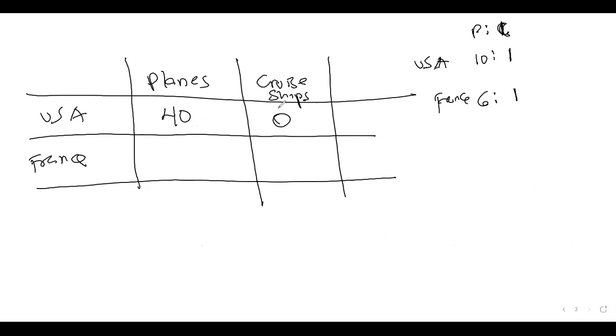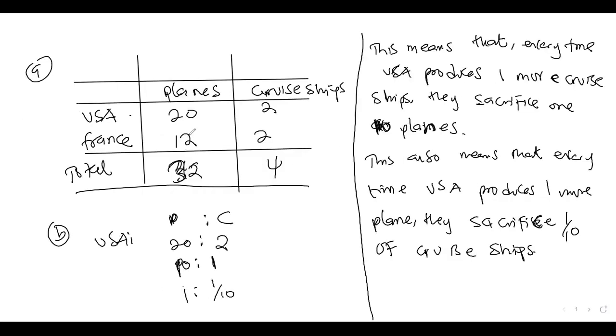On the other hand, France will specialize in cruise ships. For France, we have 6 aeroplanes to one cruise ship. So if 12 aeroplanes flow over to become cruise ships, every 6 planes will give you 1 cruise ship, so 12 planes is just going to give you 2 cruise ships.